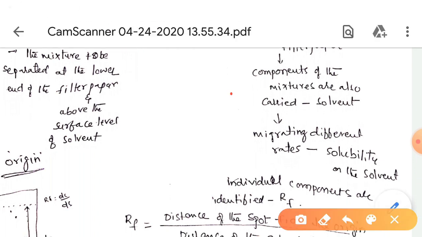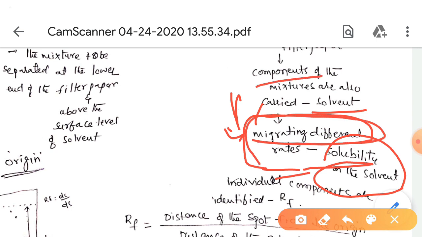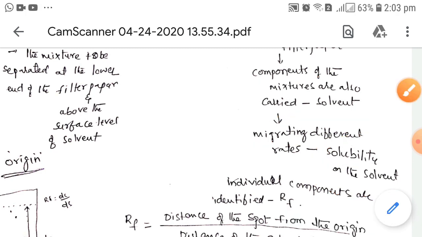The components migrate at different rates depending on their solubility in the solvent.